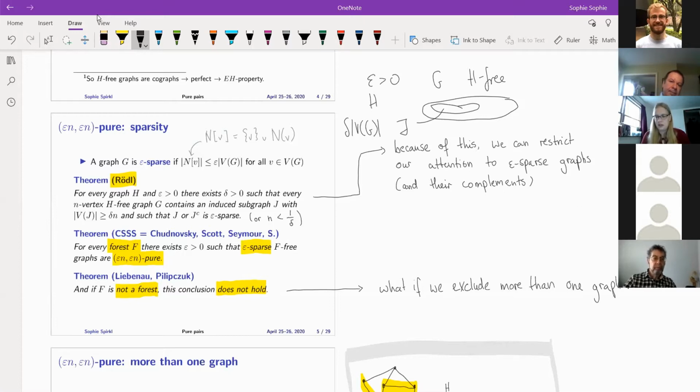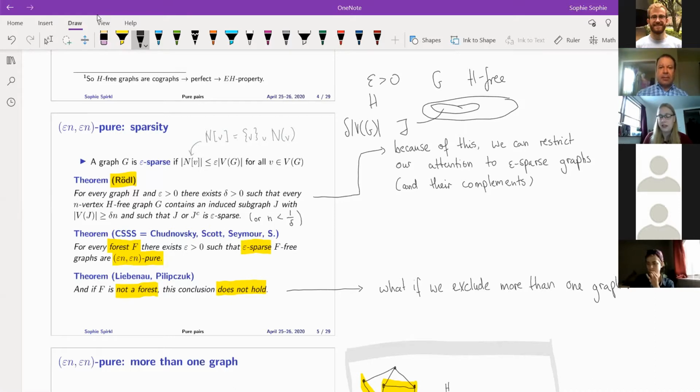So you prove this using the regularity lemma, for example. I mean, it's basically saying, well, if your graph is not very sparse anywhere, not very dense anywhere, then you can embed every graph H you want as an induced subgraph. But if that's not true, then there's a reason it's not true, which is that at some point you try to embed H and you get to a bit that's too dense or too sparse to proceed.